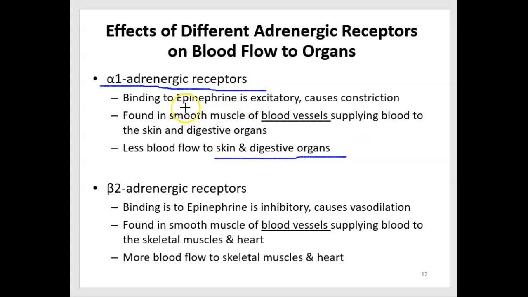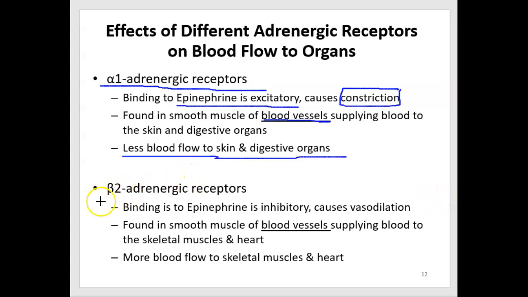When epinephrine binds to these receptors, the cell is excited. In the blood vessels of skin and digestive organs, they have been excited because epinephrine bound to their receptors. When they're excited, they constrict.